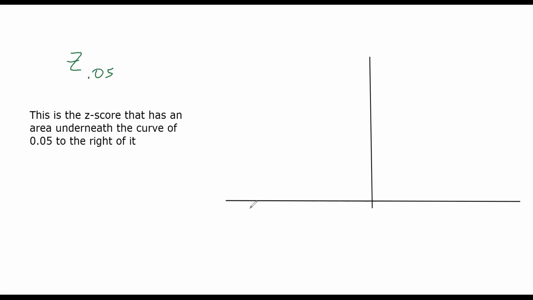Now I'm going to draw the standard normal curve itself. Bear with me because I am no artist, so it's going to be a rough drawing, and we're just going to have to live with that. That's not horrible for me. This is the standard normal curve. Z sub 0.05 would be maybe roughly this thing here.